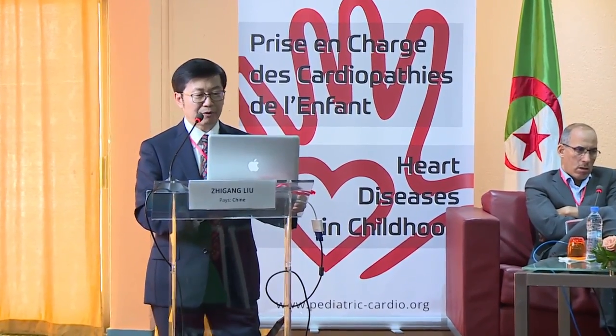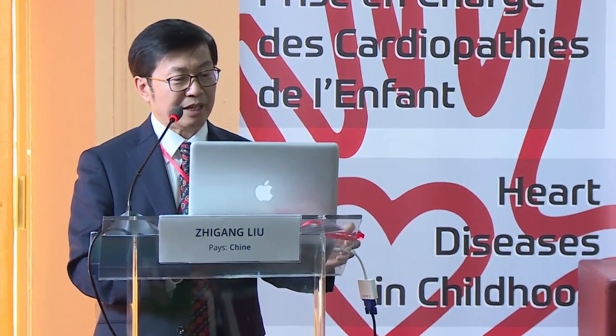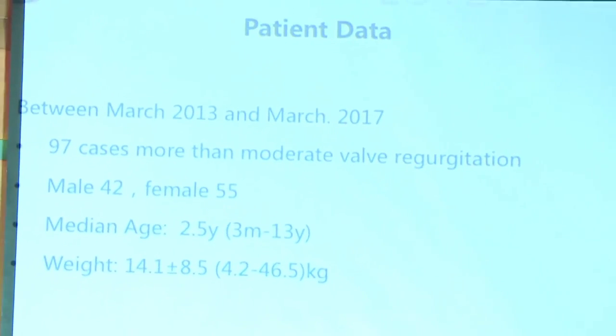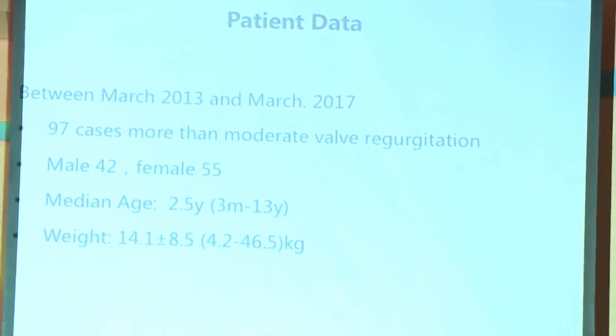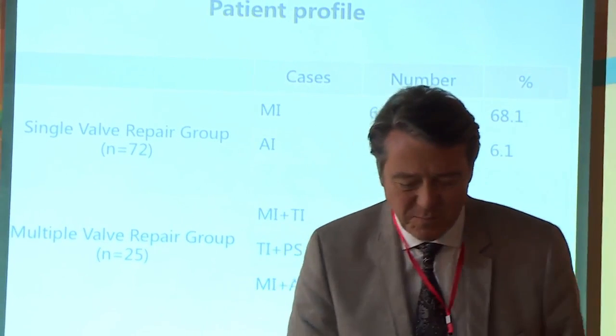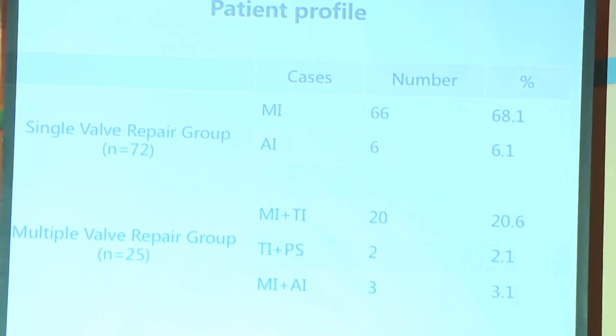Between March 2013 and March 2017, 97 consecutive cases diagnosed with more than moderate valve regurgitation were treated in our institution. Female cases predominate. The mean age at operation is 2.5 years. We divided our patient population into two groups.